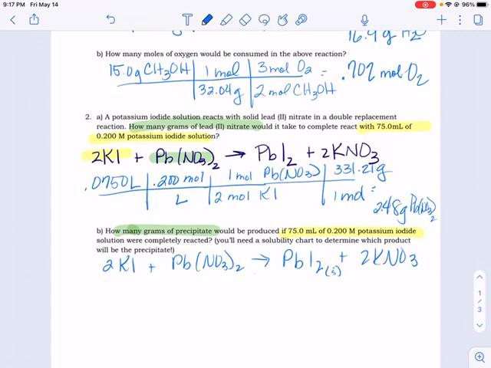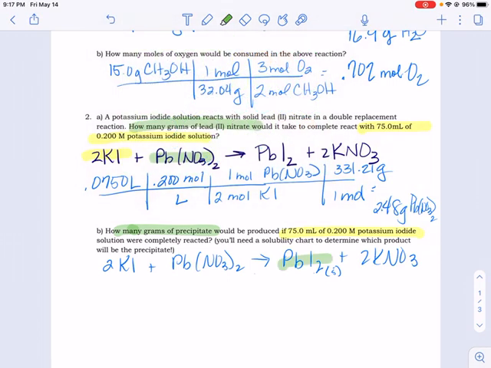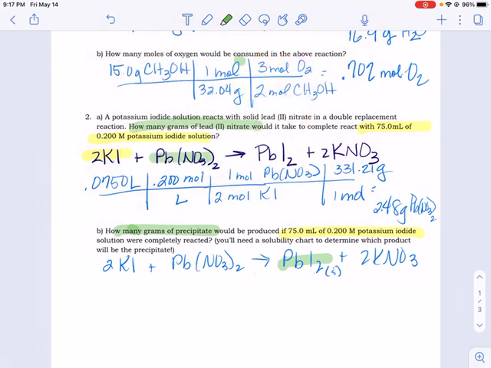And if you look up lead iodide, it will precipitate. It is insoluble. So we're solving for grams of lead iodide. And once again, we have our starting point of 75 milliliters and 0.200 molar KI.